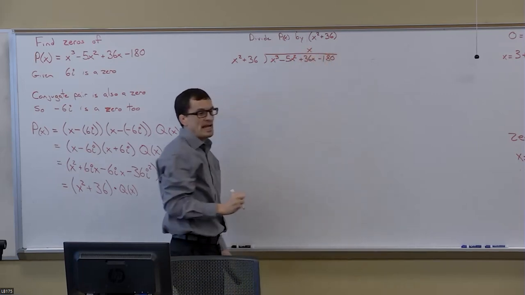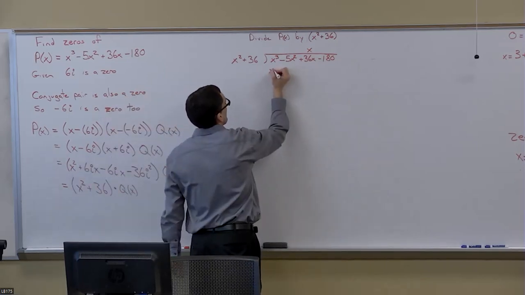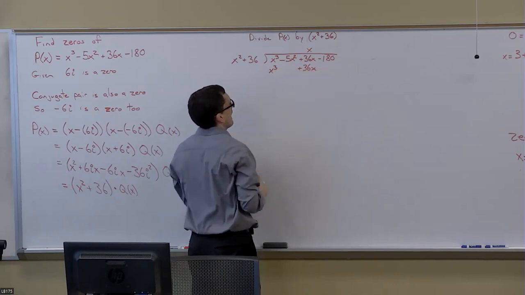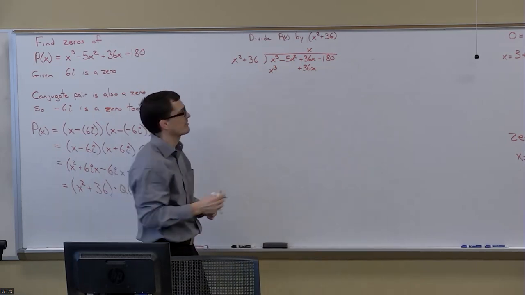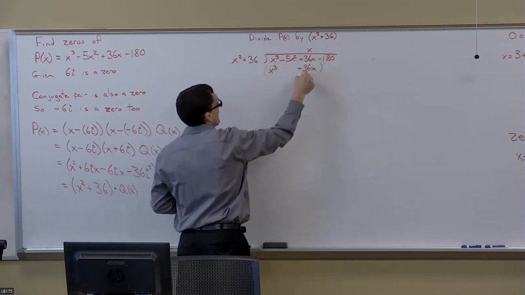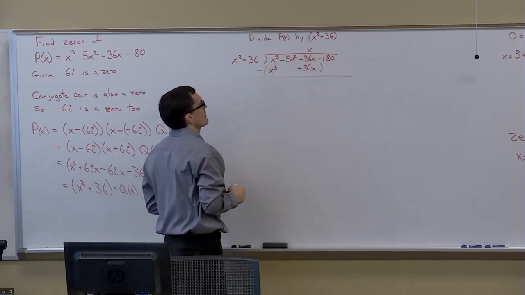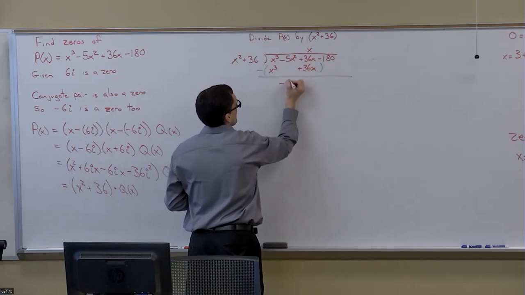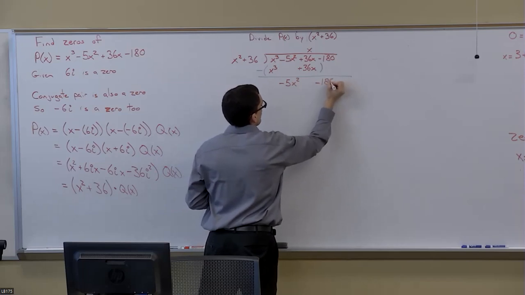I need to multiply x times the x squared plus 36 to get my x to the third. And I'll line things nicely, so when I take 36 times x, I'll put it in that column. Those cancel, and I simply have minus 5x squared minus 180.